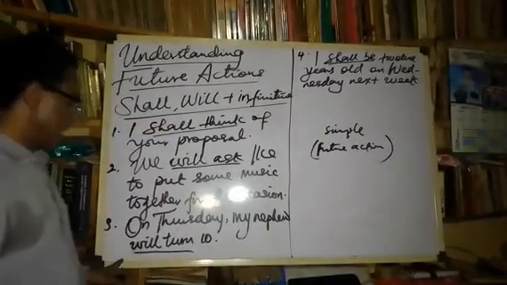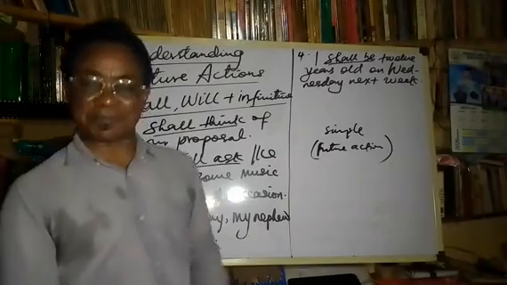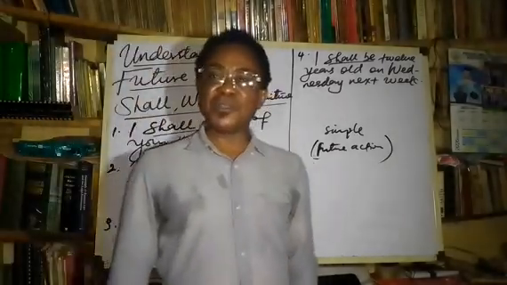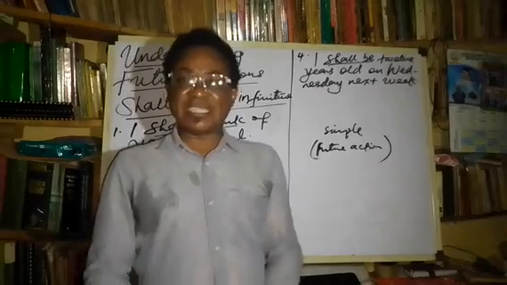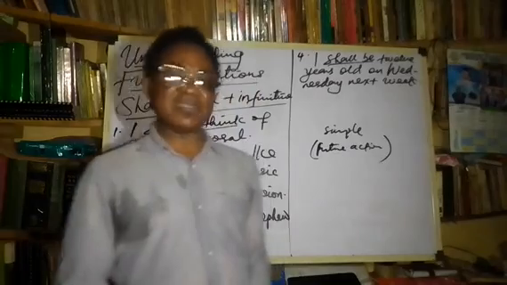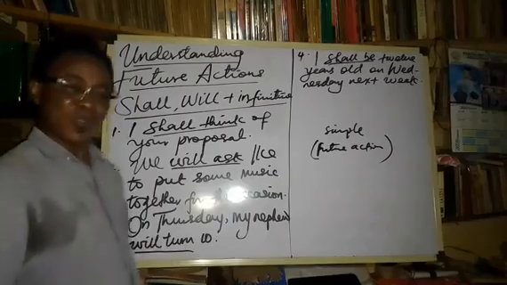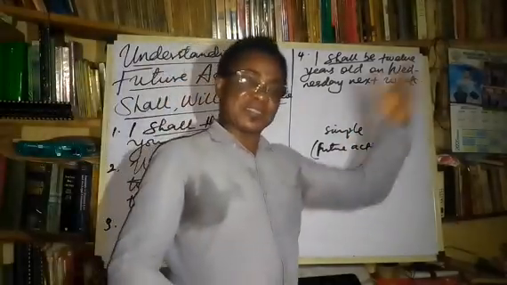Number 3 says, on Thursday, my nephew will turn 10. The same. My nephew will be 10 years old on Thursday. The verb will turn also expresses a simple future tense.